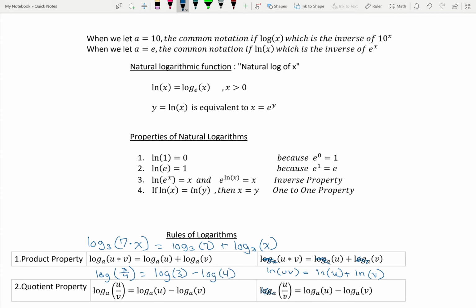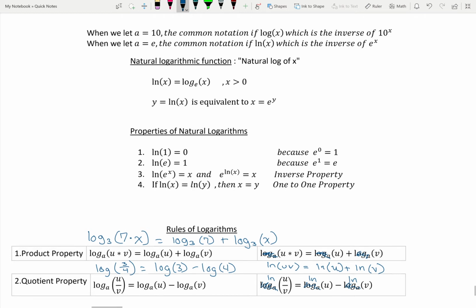And again, this is all supposed to say ln, ln, and ln. I glanced over it, I'm sorry about that. So if it's multiplication, you can break it up into addition, and if it's division, you can break it up into subtraction. These rules come in handy a lot, so make sure we know them.